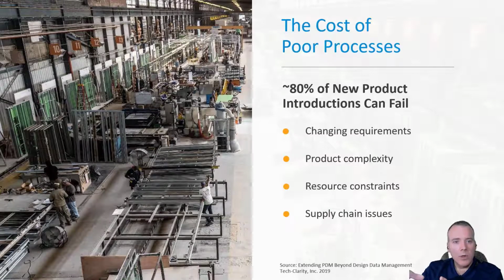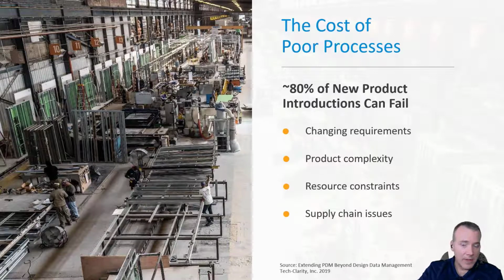Being able to confidently react to those sorts of things because you have a good process to manage them can, again, lower risk, make it more palatable to introduce a new product, and make more money. And so we'll be talking about supplier collaboration, supplier management next week. But things like resource constraints and product complexity, managing bills of material, we already talked about that last week.